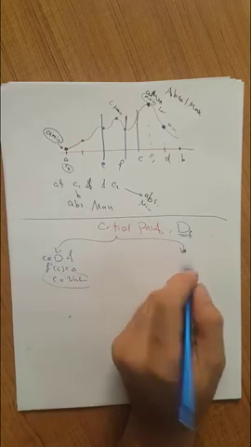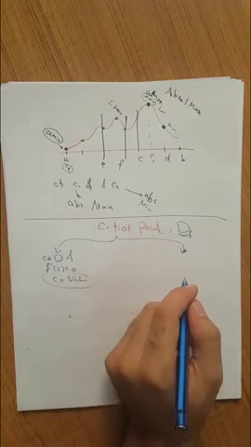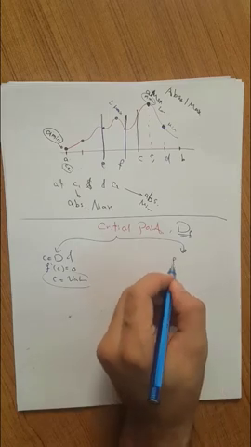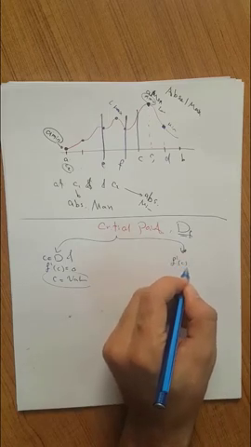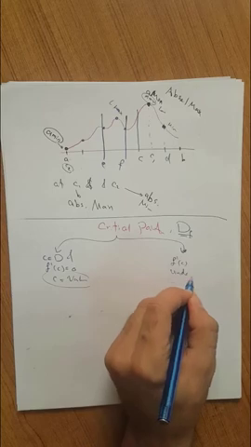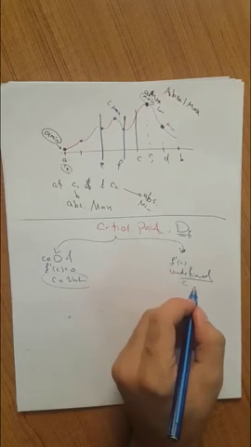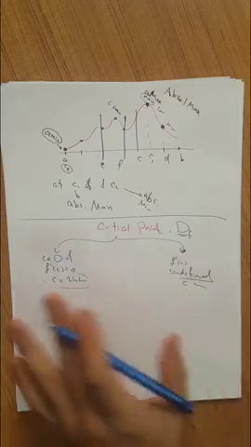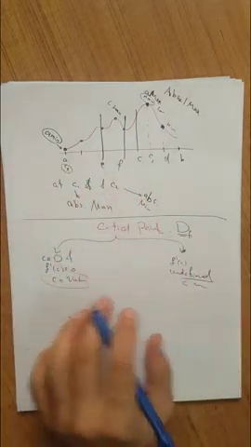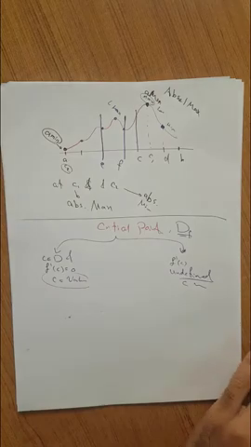And the other definition: take the derivative of the function, if it's undefined, then c is our critical point. Now I'm going to give you an example for both.